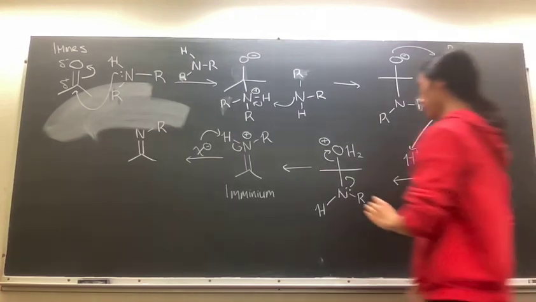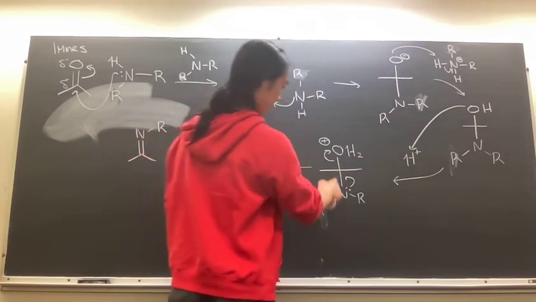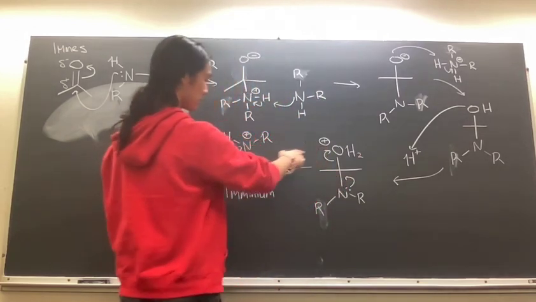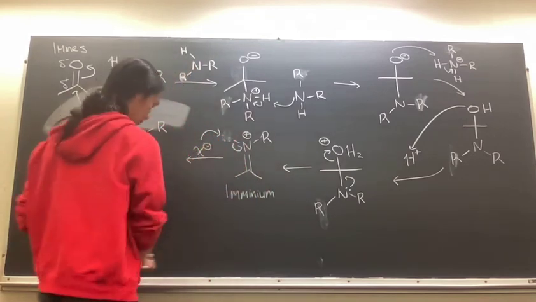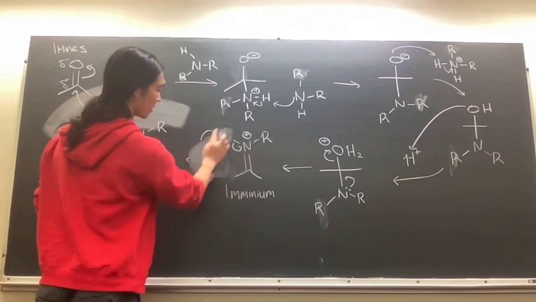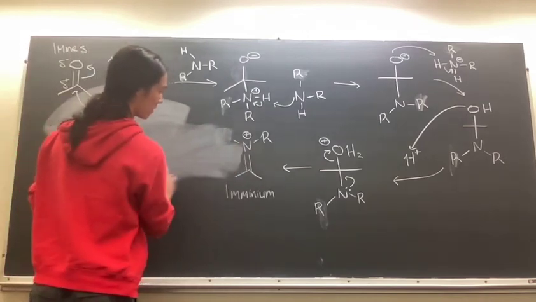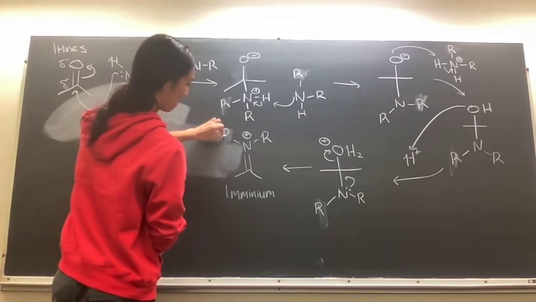What we'll notice here is that when this kicks down and this leaves, we no longer have an R group here, and we no longer have a hydrogen to deprotonate with our conjugate base. Right?